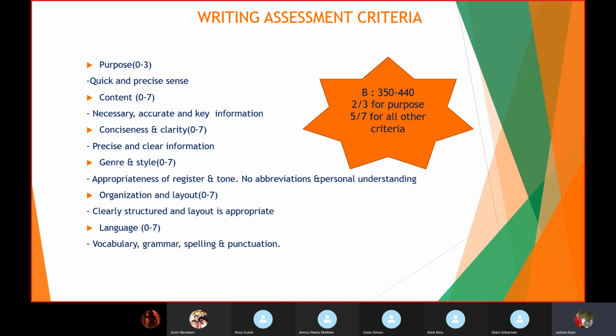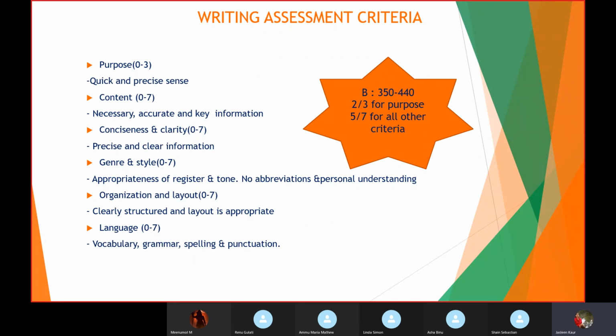Now, to get a B, you need a score between 350 and 440. Two thirds of the score to get a B comes from the purpose. It is that important. If your purpose is wrong, no examiner is going to read the rest of the letter, because in the start itself, you're wrong.